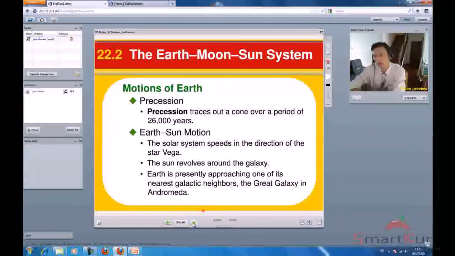That's why June and July are the hot months for the northern hemisphere, even though it's when the Earth is at aphelion and farthest away from the sun, because it's pointed towards the sun.